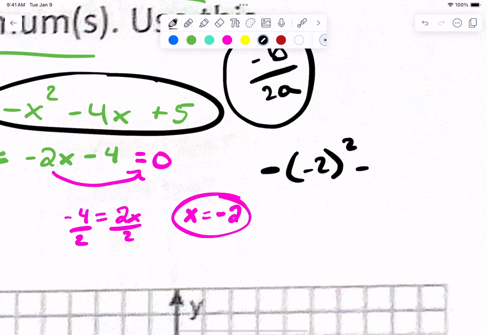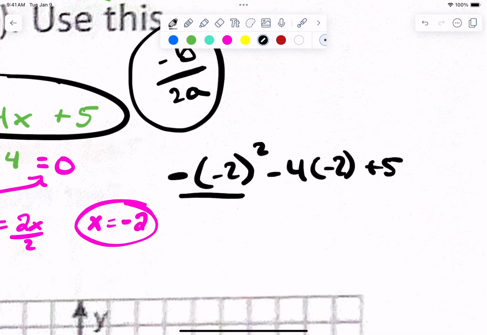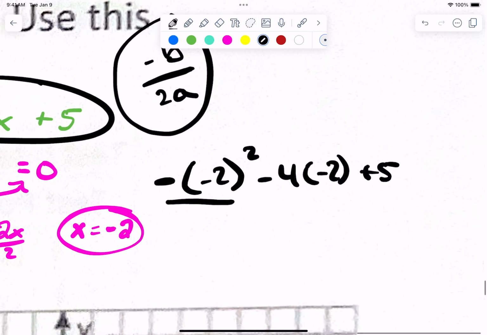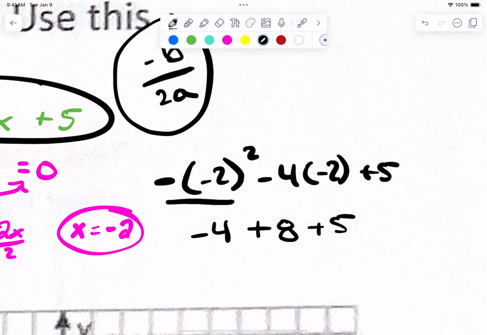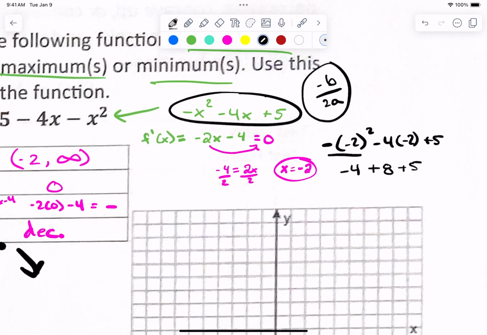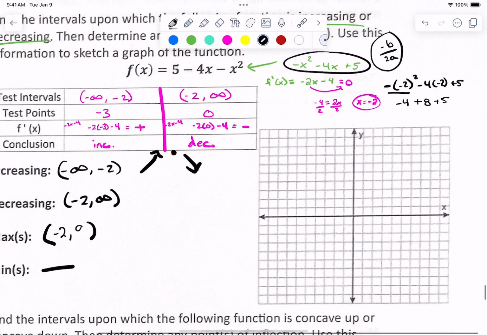Negative 2 squared minus 4 times negative 2 plus 5. Negative 4 plus 8 plus 5 is 9. So negative 2 comma 9.